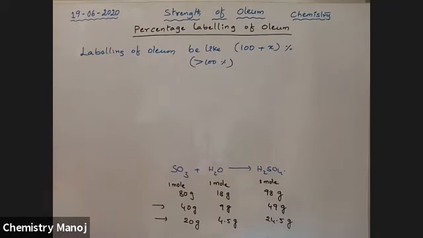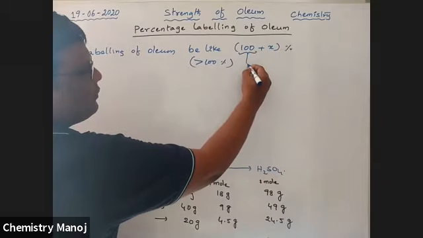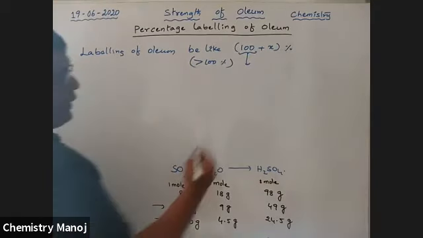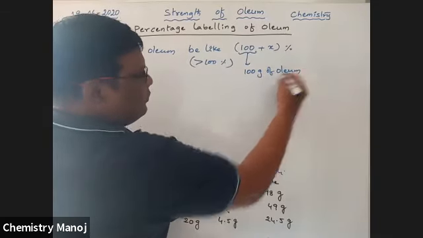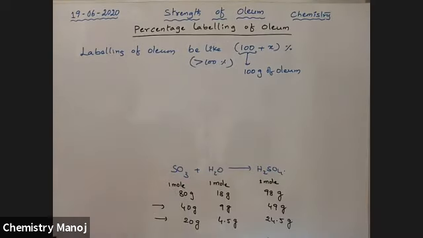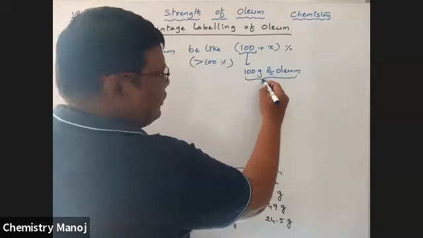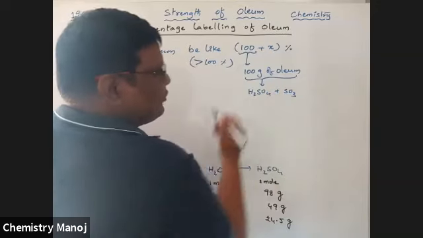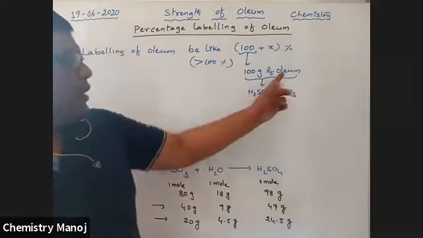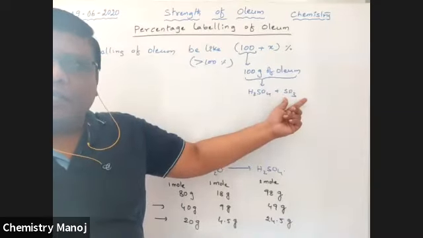Here this 100 means 100 grams of oleum. What is this X? In this 100 grams of oleum there are both H2SO4 and SO3. Something free SO3 is there in it, just like I explained before.